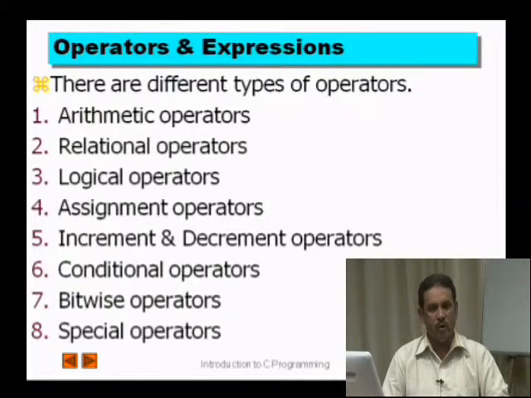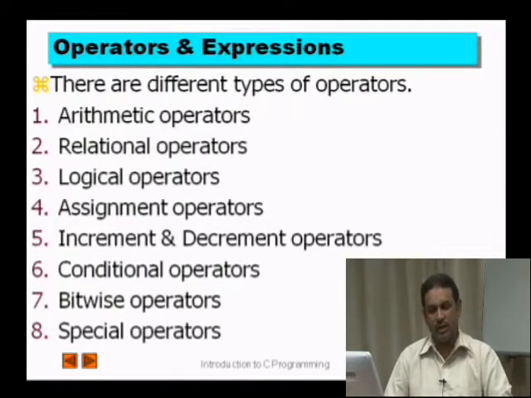We discussed 2 of them: the comma operator, used for separating variables or different expressions, and the sizeof operator, which returns the number of bytes allocated to variables, data types or any operand.